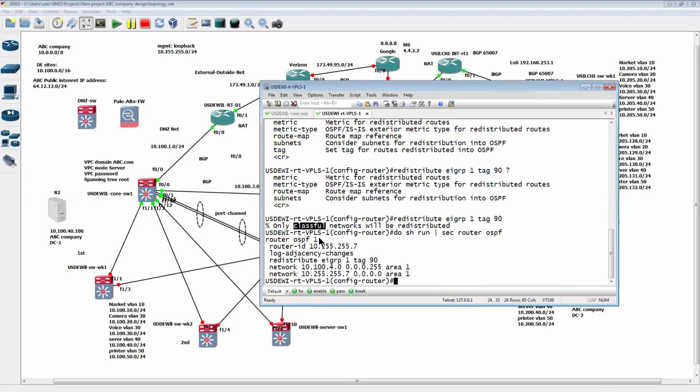What does default mean? If you have a class C network, 255.255.255.0, that means the default is /24.